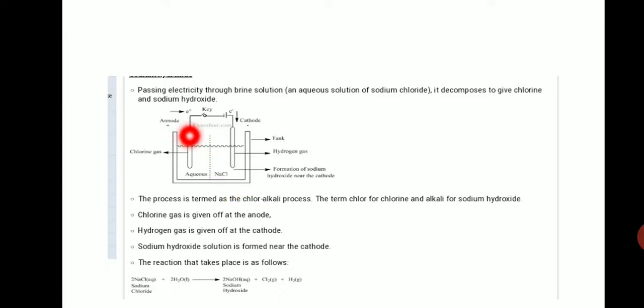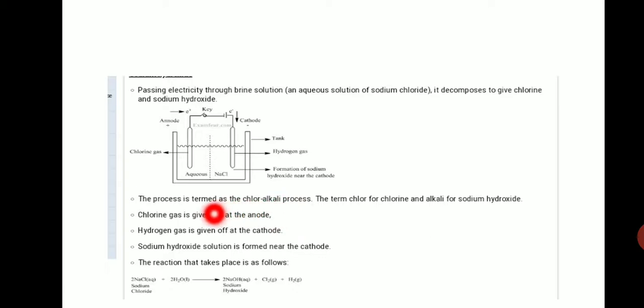While passing the current through a brine solution, at the cathode we get hydrogen gas, at the anode we get chlorine gas, and sodium hydroxide is found below the cathode. Thus we get three important products. What is this process called? Chlor-alkali process.